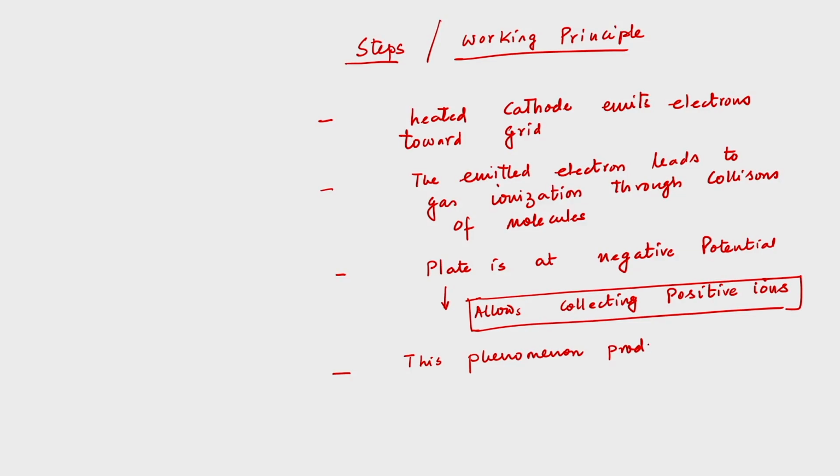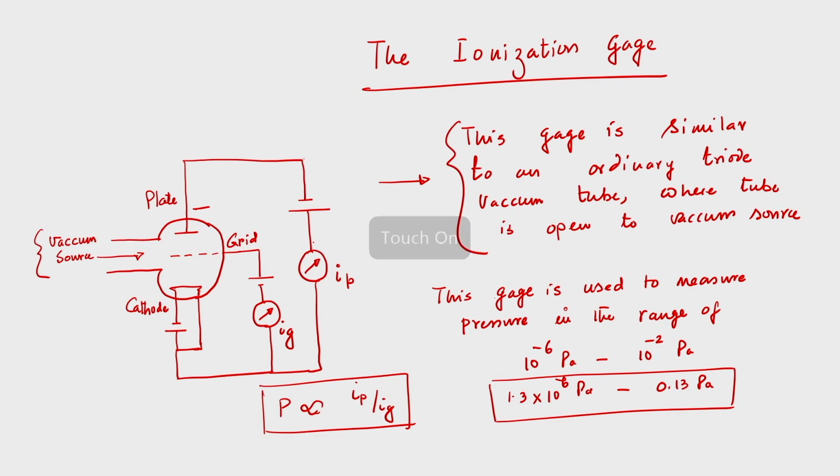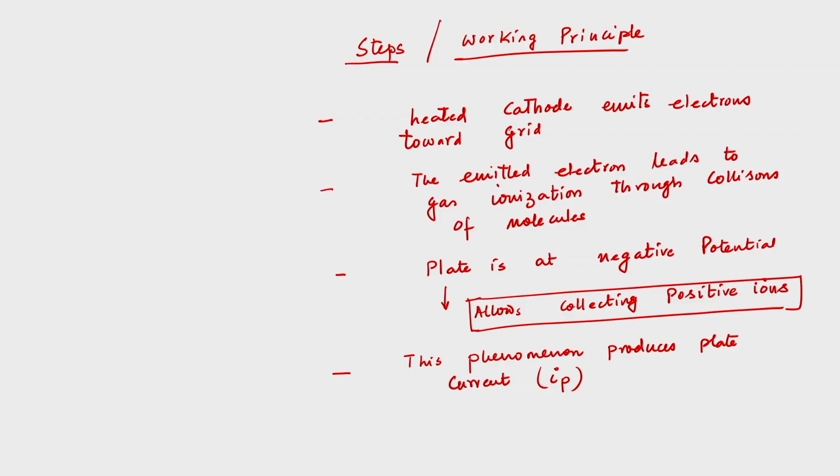produces plate current, IP. If we go back to the previous slide, it is clear that the cathode and plate are connected to a circuit, so we will get plate current IP.